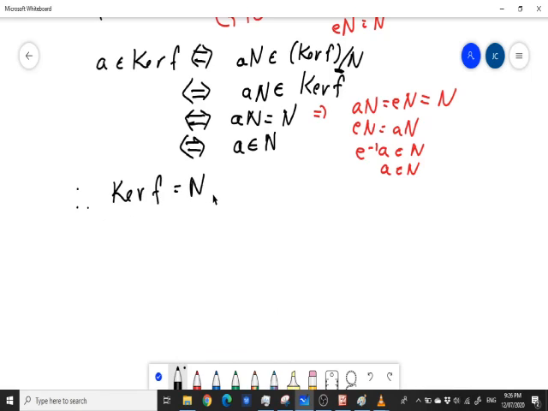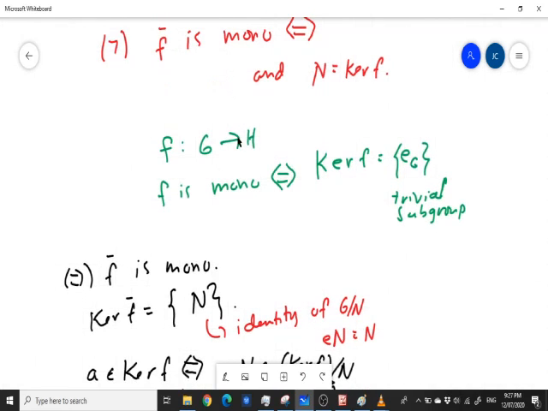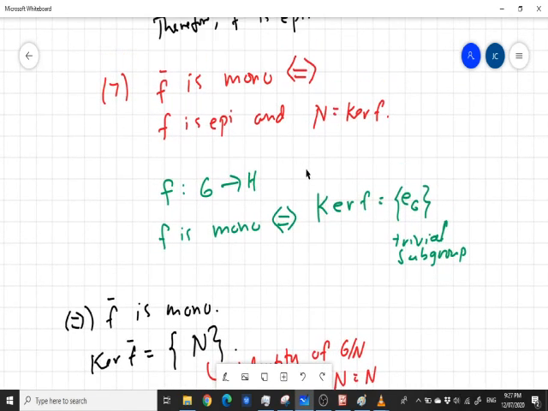Therefore, okay, let's do the opposite direction. So suppose, I'm not really done yet, am I? We also have to show that... Actually, I forgot.